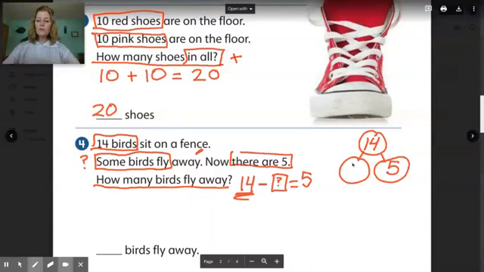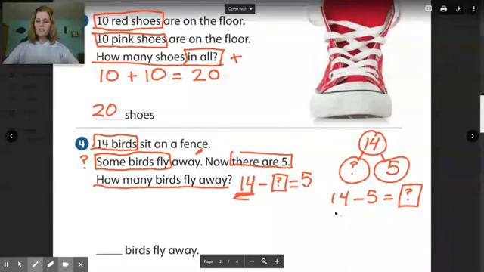So we need to figure out what is this part. So this means that 14 minus 5 is this part, or 14 minus this part is 5. Well, we already have 14 minus this part is 5. Well, let's work with the ones that we know. 14 minus 5 equals the other part, right?